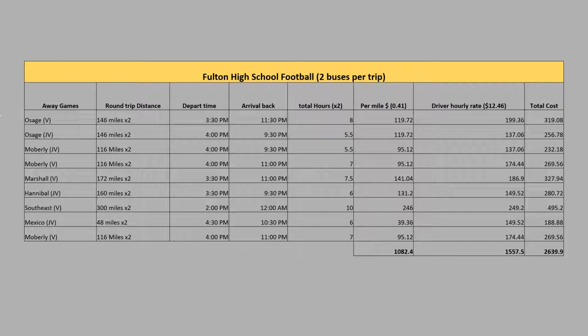I multiplied that 292 by 41 cents to give me the total cost per mile for the 2 buses, which is $119.72. And then just like in the girls' transportation, I added those 2 columns together, the 119.72 and the 199.36, to get the total cost for that Osage varsity trip of $319.08.